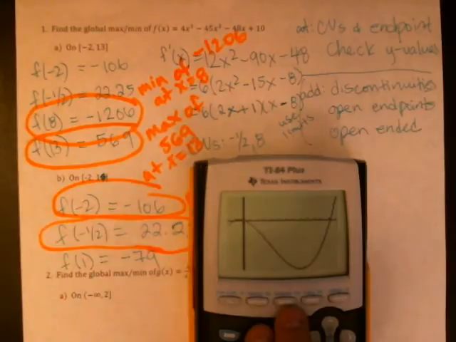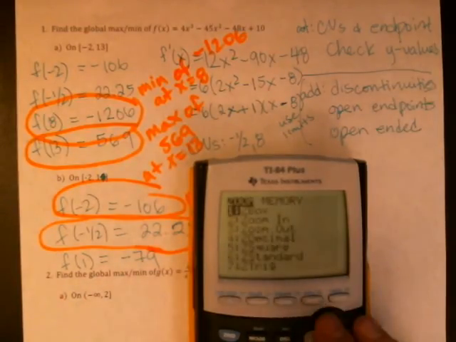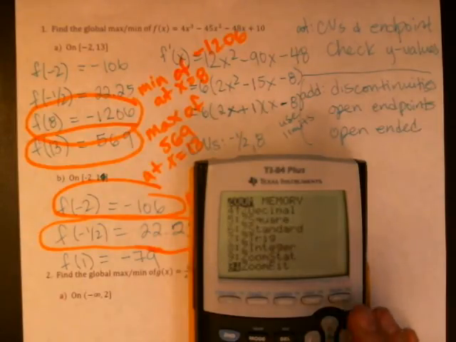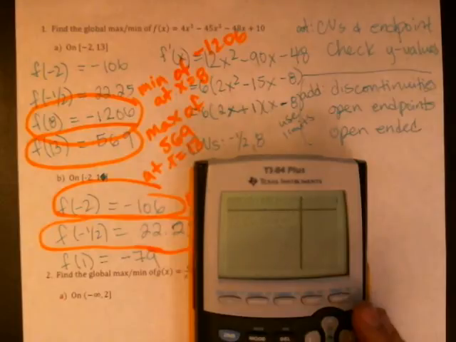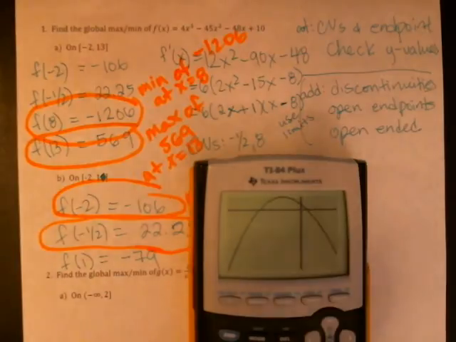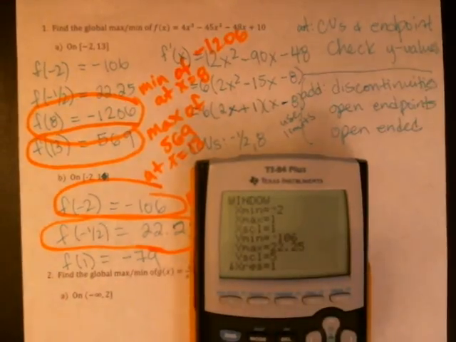Whereas when we change from negative 2 to 1, we now have our min happening over at this endpoint and our max at the critical number. And then let me just stretch this out a little bit more.